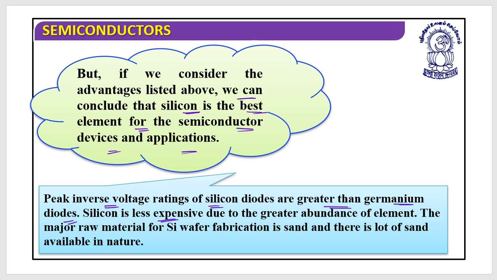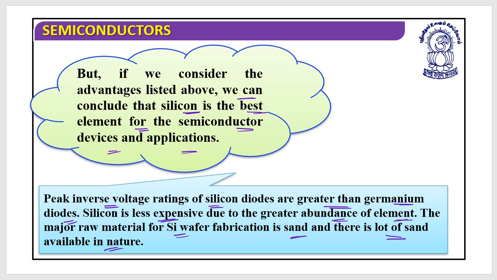Also, silicon is less expensive due to the greater abundance of the element, and the major raw material for silicon wafer fabrication is sand, and there is a lot of sand available in nature. So even cost-wise, silicon is the preferred material over germanium.